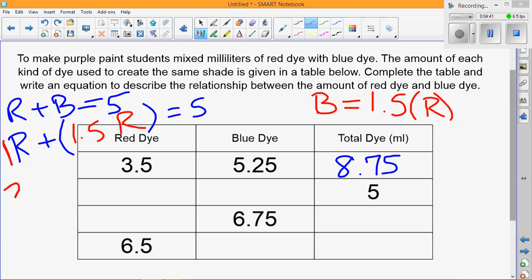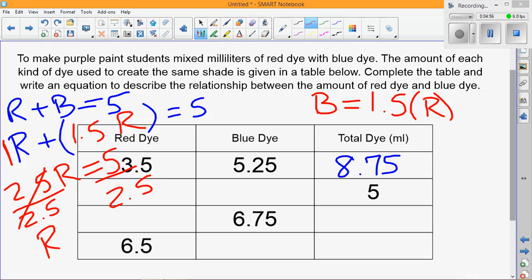So 1 plus 1.5 is 2.5 times the amount of red will give me 5. So to undo multiplication and figure out what our red's going to be, let's divide by 2.5. So red equals 5 divided by 2.5. And if you see how many times 2.5 goes into 5, you should get 2.